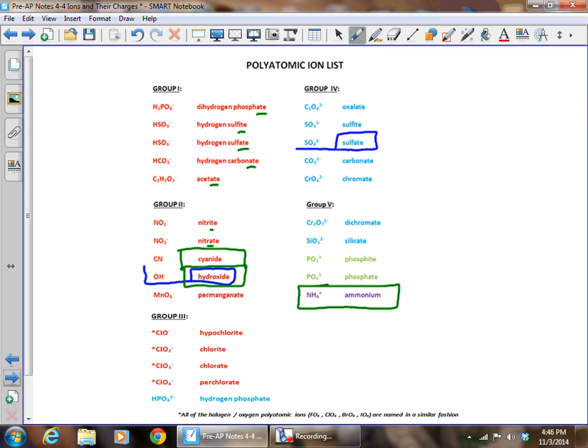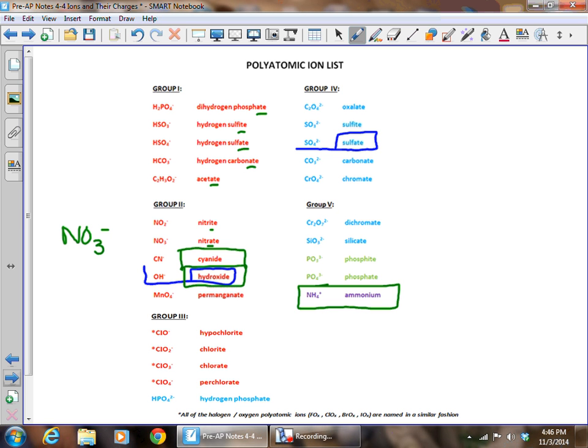Notice something else when you're studying for this polyatomic ion quiz: if you know all of the ate forms, the ite forms simply have 1 less oxygen. Look at nitrate. Nitrate is NO3. Nitrogen, oxygen. You have to memorize the 3, you have to memorize the negative charge for nitrate.